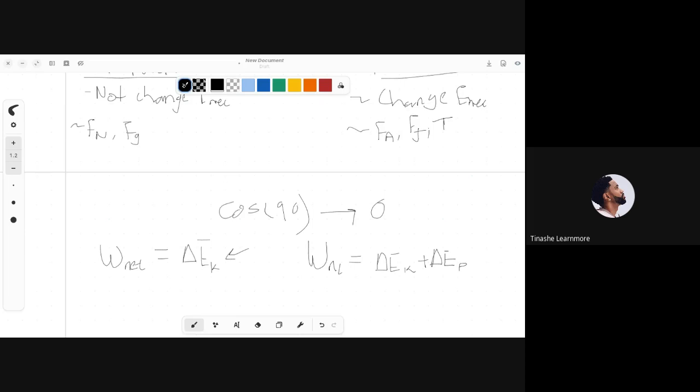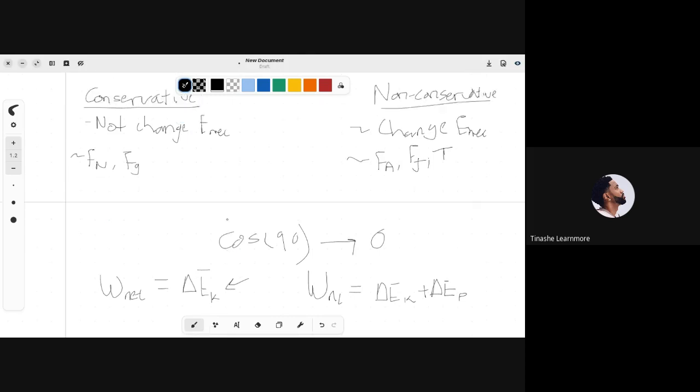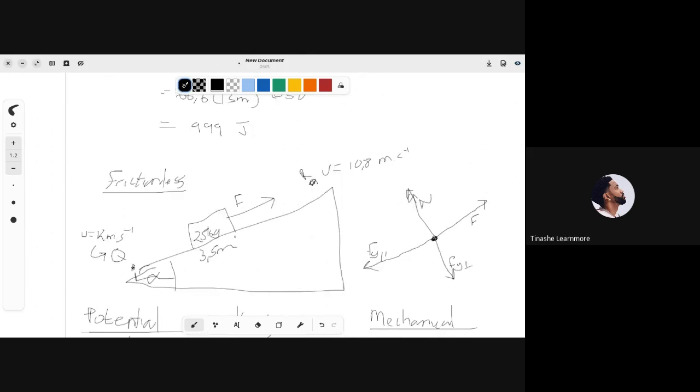Tirisan, I'm here, pal. I guess not. Rita, which one can we use here? Which equation would suffice to use? Should we use the non-conservative or should we use the W net, judging by this scenario?